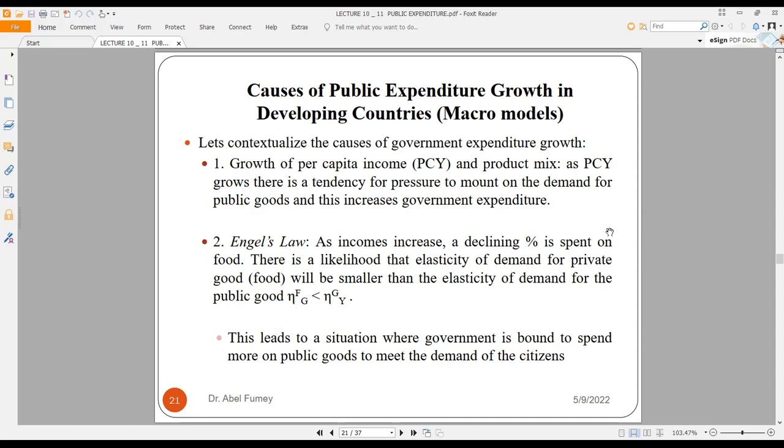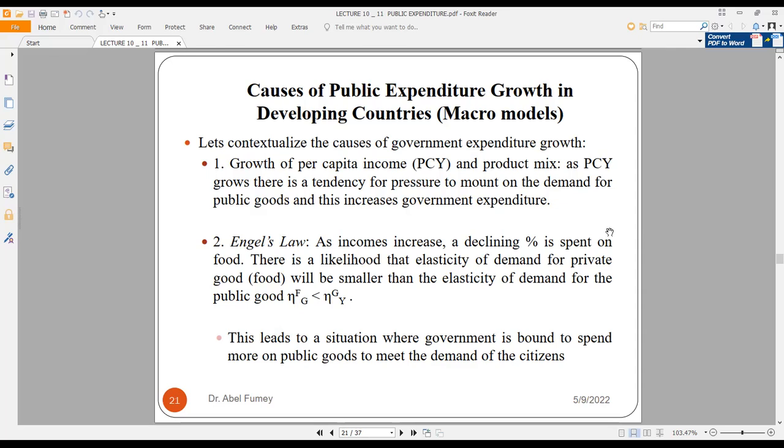And food is a private good. So if as your income is increasing, you are reducing the percentage of the income that you spend on food, it means that the income elasticity of the demand for the private good is going to be lower than that of the demand for the public good. Your income is increasing percentage-wise, but the increase in your demand for food, which is a private good, is lower.